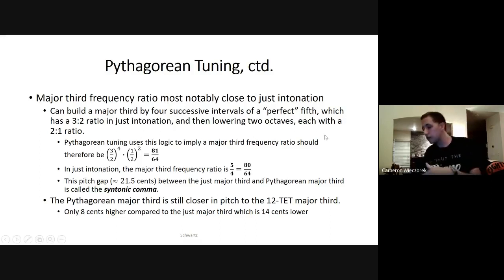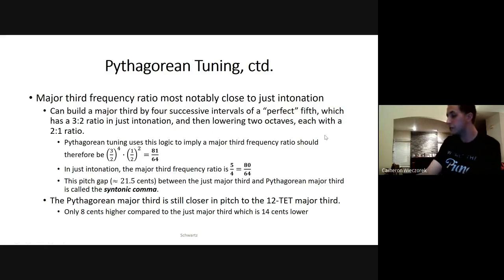So for example, let's just say I want to use a C to E. This would be a major third. Now, how can I actually get there? Start at C, and I'm going to do 4 perfect fifths. My first perfect fifth would be G. Now from G, I'm going to do it again, G to D. There's my second perfect fifth. Now I start at D, go up 7 semitones.